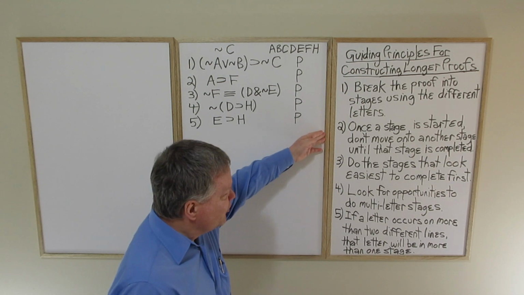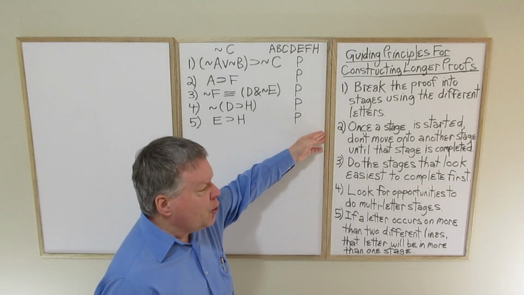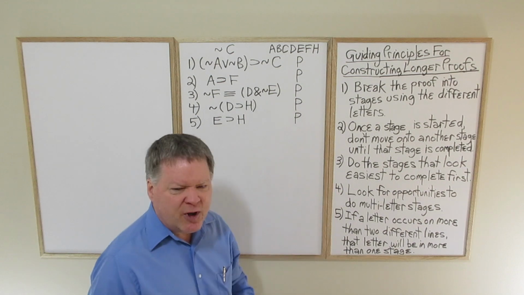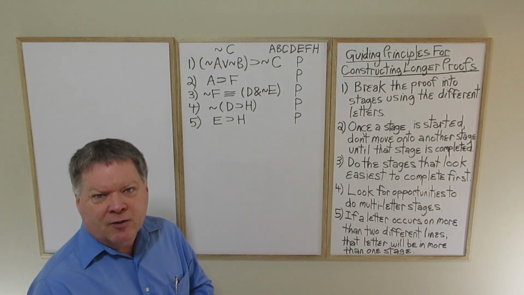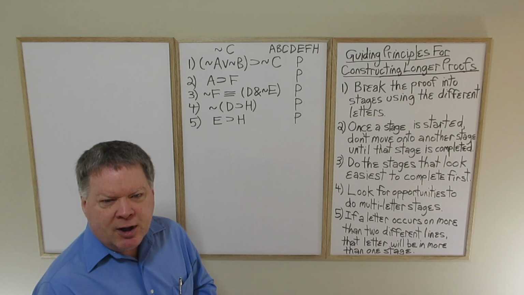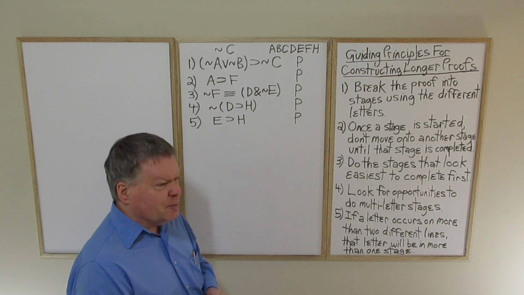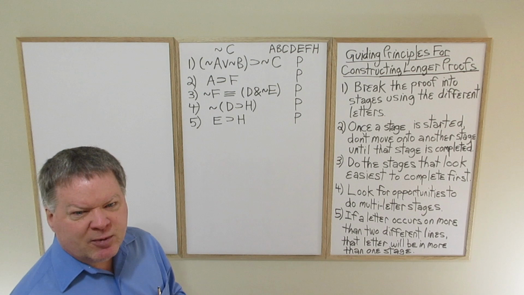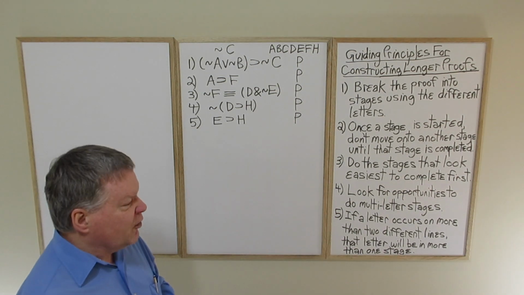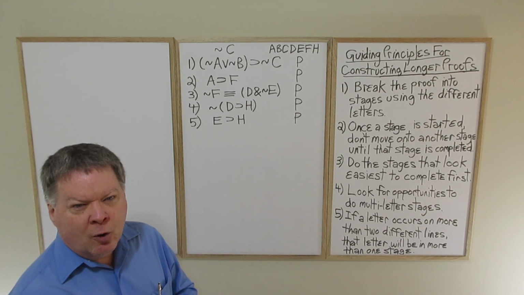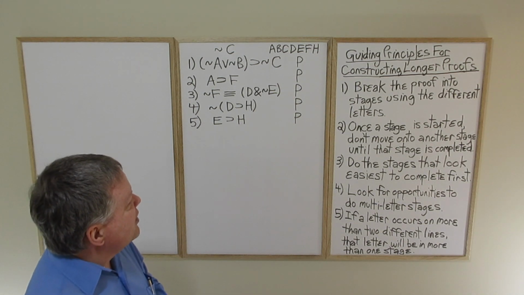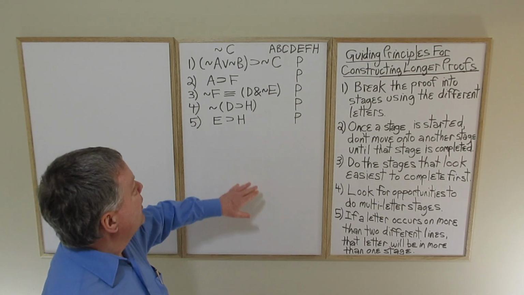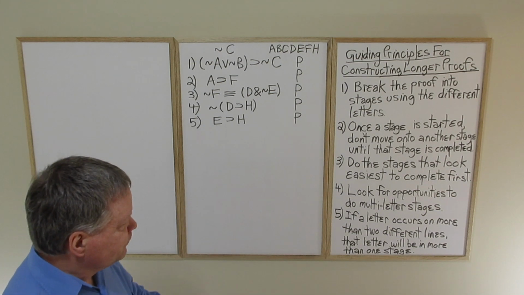Because once a stage is started, you don't want to be moving on to another stage until you've completed the stage that you've started. And the way in which a stage is completed is by the application of one of the multi-line rules where you make use of information containing one or more of these basic letters.